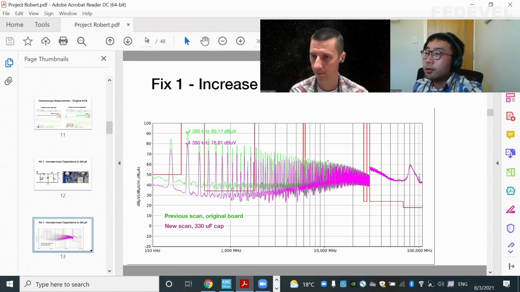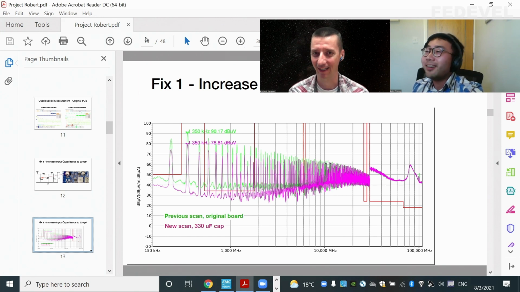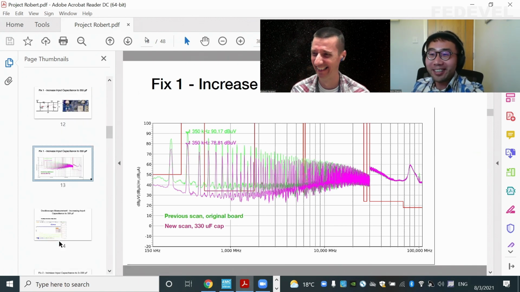So really, the capacitance helps in the low frequency range. And is it because a capacitor will become an inductor at higher frequencies? Yes. I also prepared a slide for this.